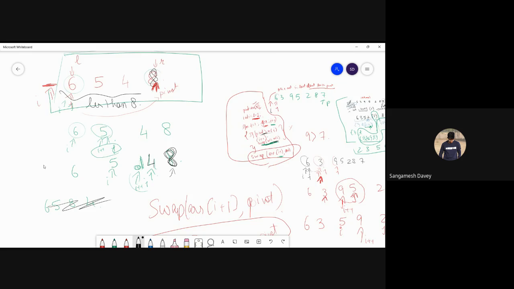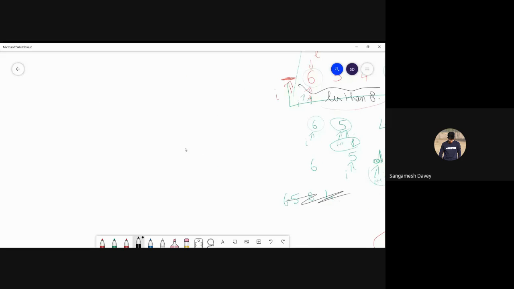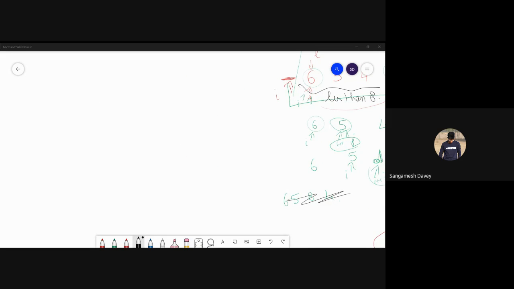Should I take another example? Or is this understood? This is only for the first iteration, right? After that, it will be swapped with the one which is less than the pivot. No, Vishwa, this is a part of the recursion in the quicksort. Okay, my bad.